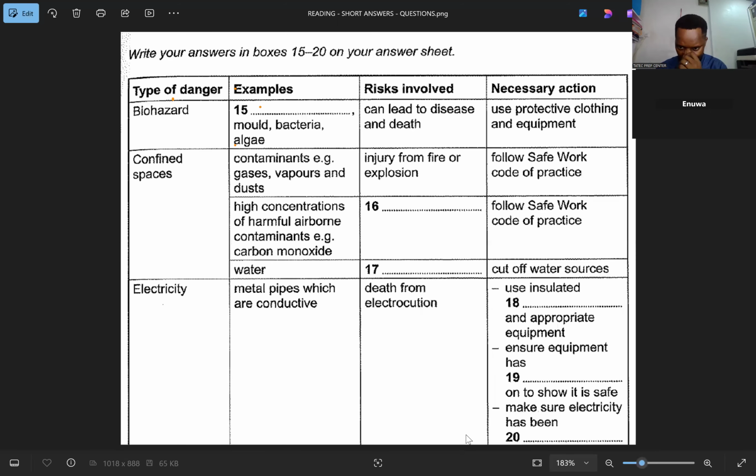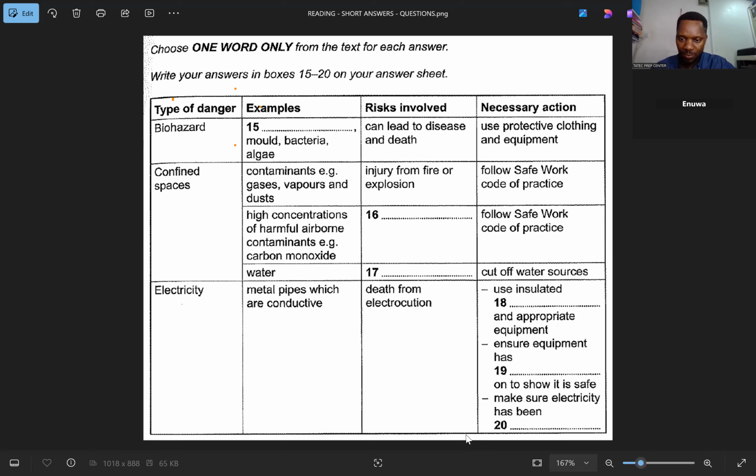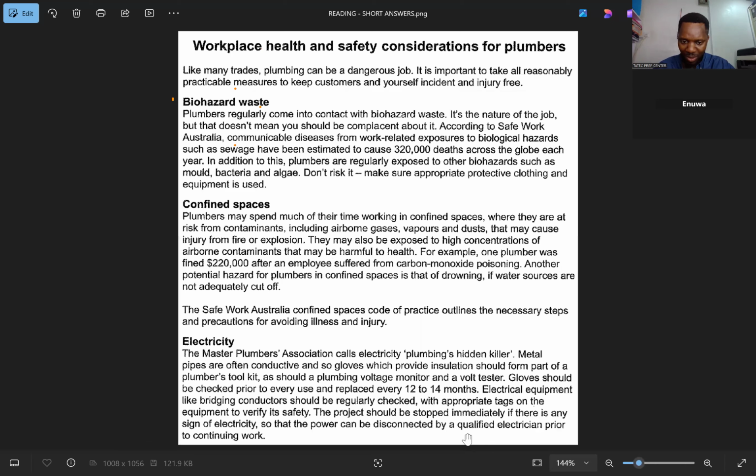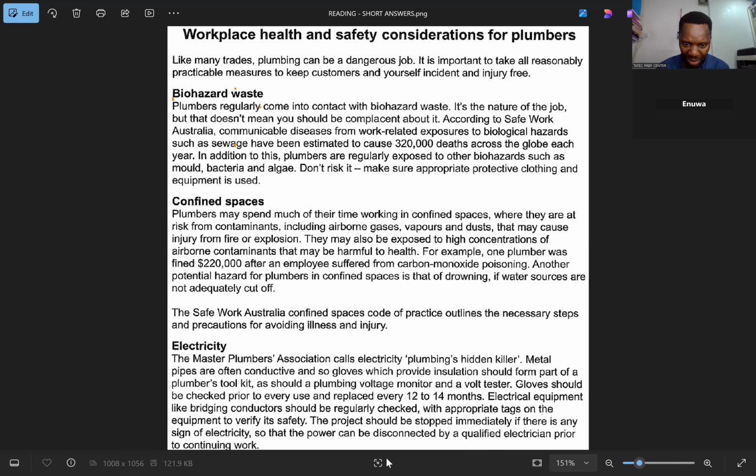It says, make sure electricity has been dashed, so that the power can be disconnected by a qualified electrician prior to continuing work.